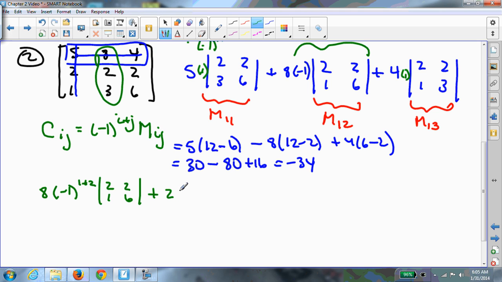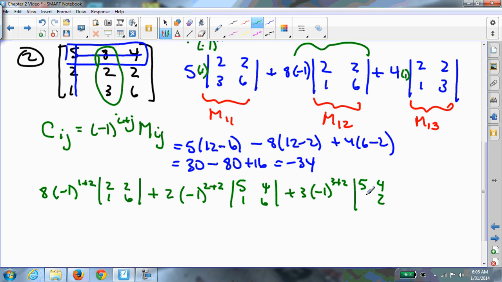Plus 2 times its cofactor, which would be negative 1 to the row 2, column 2, and its corresponding minor entry, which would be 5 4 1 6. And then 3 times its cofactor, which would be negative 1 to the row 3, column 2, and its corresponding minor entry, 5 2 4 2.